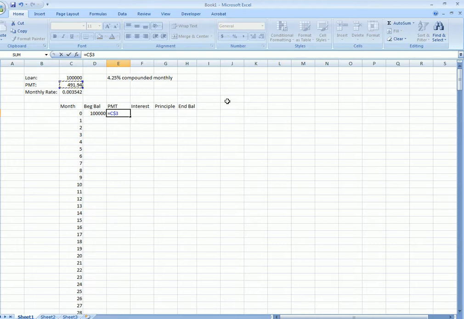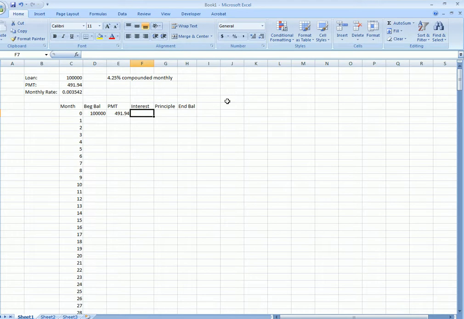So now I'm locked in row 3, but not locked in column C. So if I copied and pasted, you'll notice that it adjusted accordingly, pulling in 2 columns to the left and 1, 2, 3, 4, 5, 6, 7 rows above. So I want to hit F4 until column C, row 3 is locked.